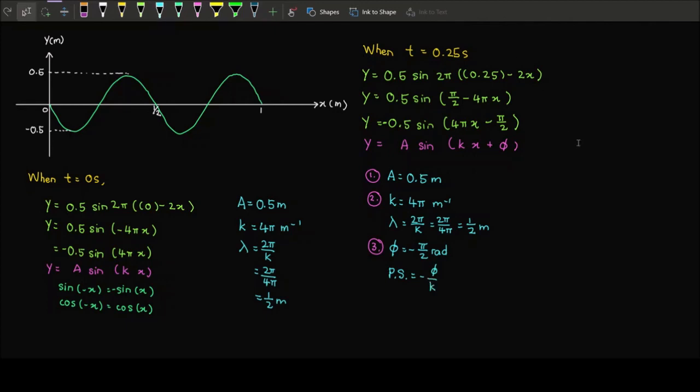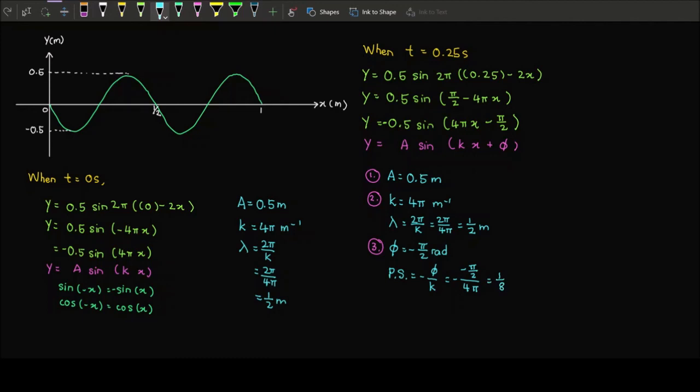But if you see it's still negative behind, divide by the front. Negative behind divided by the front. So it's still easy to remember. If you transform, then what you are left with is negative pi over 2 divided by k. k is 4 pi, and your answer will be 1 over 8.